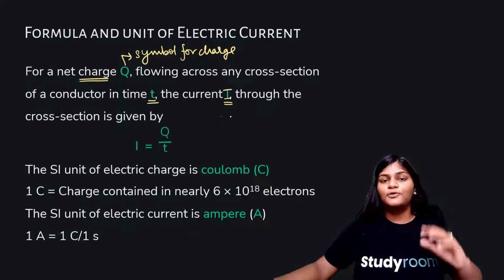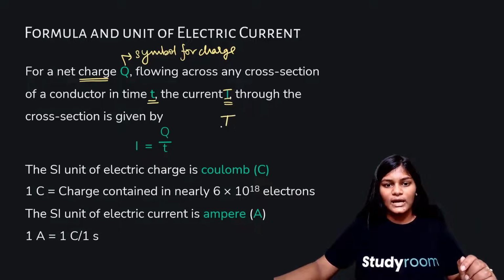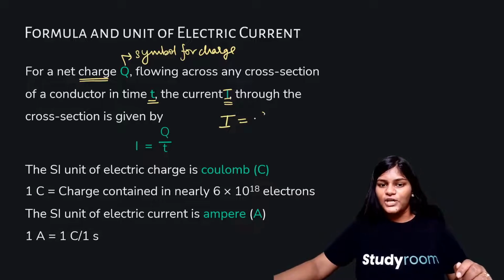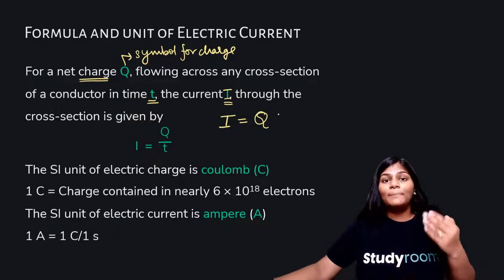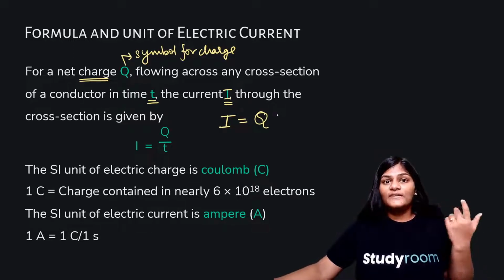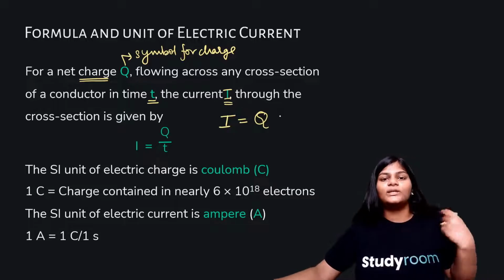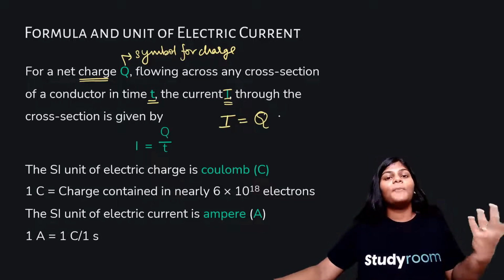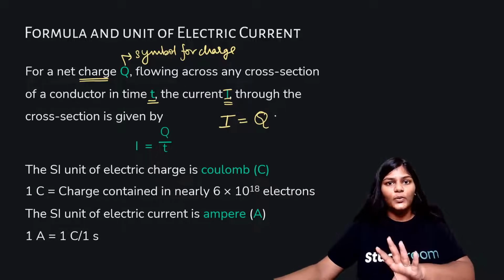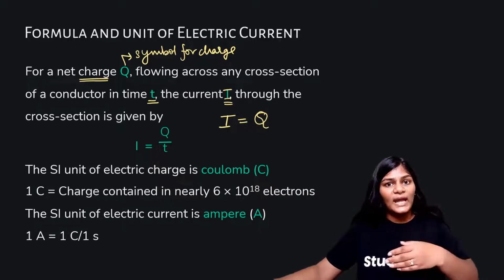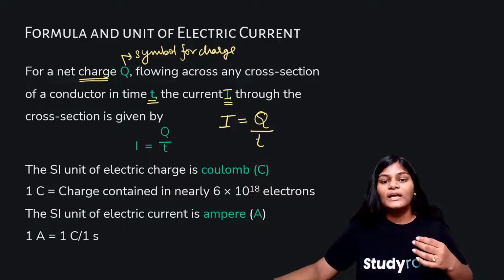So, using the definition, current I is the flow of charge, charge means Q, per unit time. Whenever we say per unit centimeter or per unit length or per unit time, that always means divided by that quantity. So if we are saying per unit time, it means divided by time.